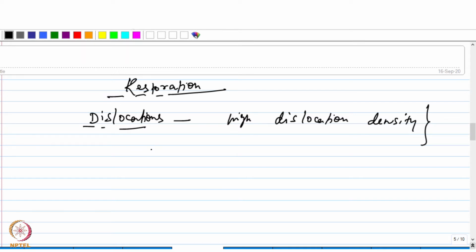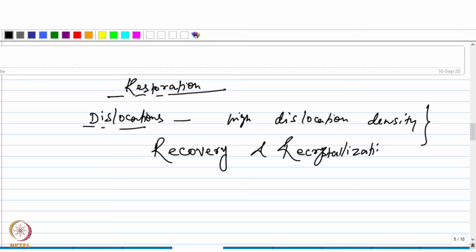The process goes by the name recovery and recrystallization. Recovery is basically the early part of recrystallization. Before the recrystallization actually occurs, the material will go through the recovery process, and this is basically the annihilation and elimination of the dislocation density and restoration of some of the physical properties which would have been reduced or lost during the cold working process.